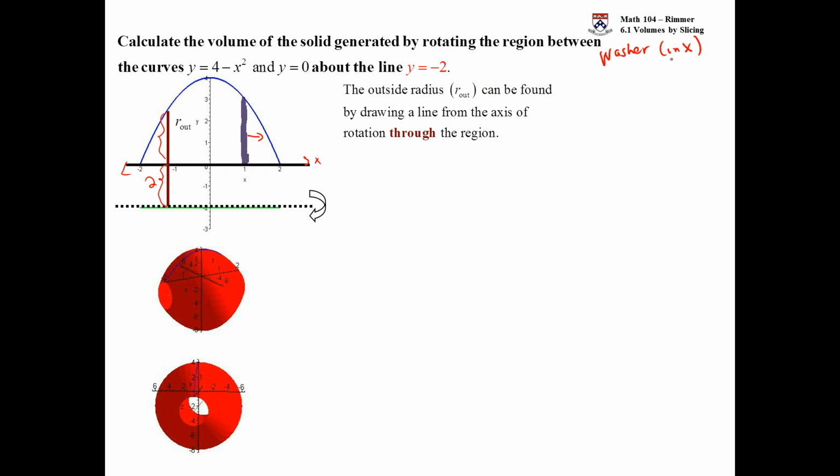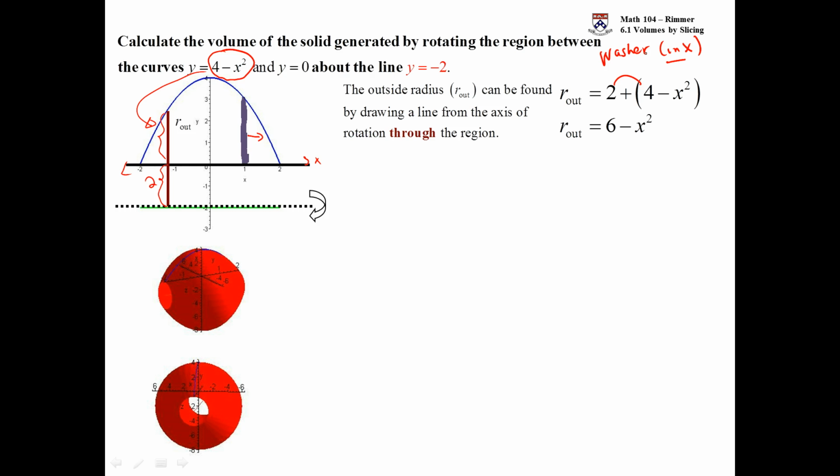But since it's an integral in x, we put the formula for what y is, 4 minus x squared. So this outside radius is the sum of these two distances. It's 2 plus the 4 minus x squared, and we could put the 2 and 4 together to say it's 6 minus x squared.